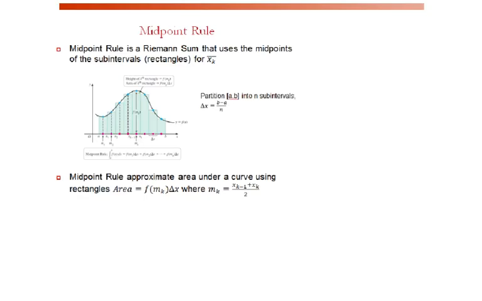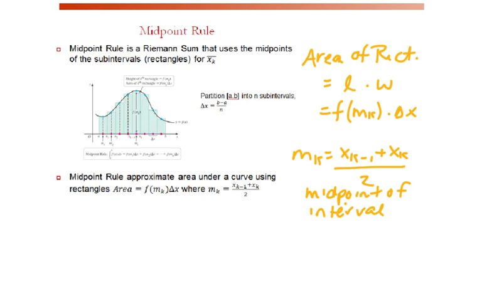So the midpoint rule is basically, like I said, a Riemann sum where we're using rectangles and you're slicing up or partitioning into subintervals, and then you're finding the area of all the rectangles and then summing them up together. But you're going to use the midpoint of the rectangle as the length of the rectangle.